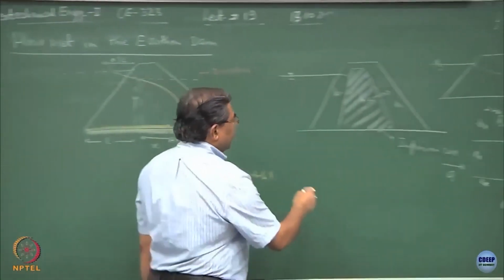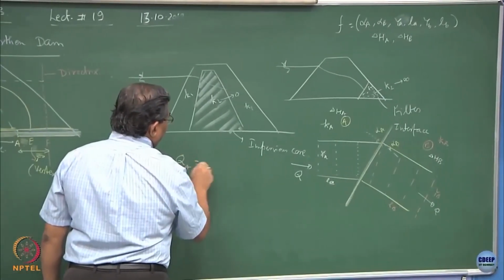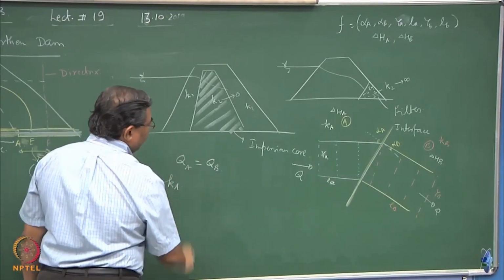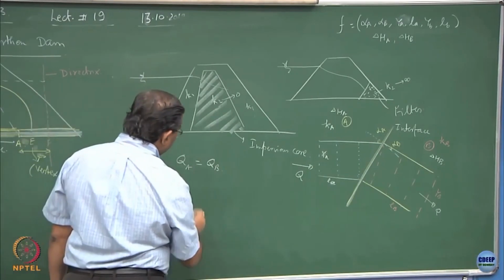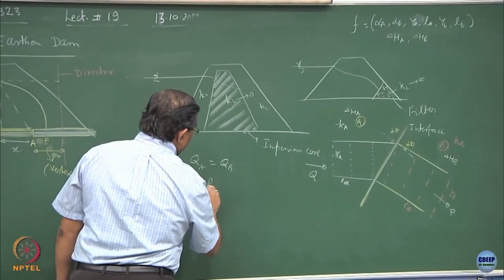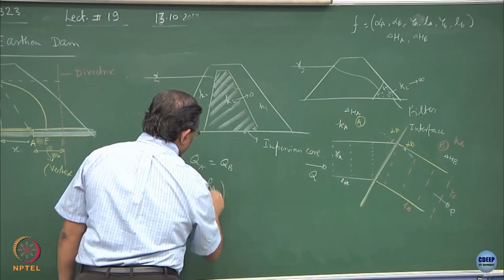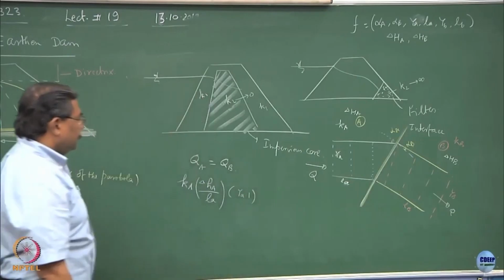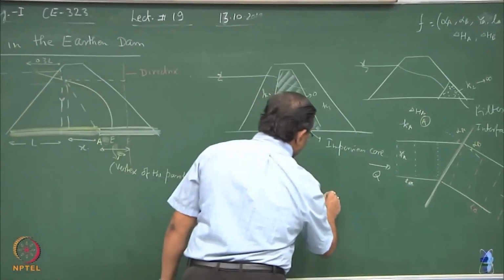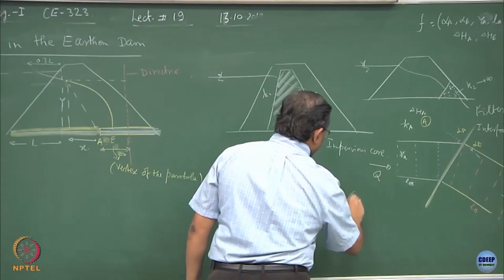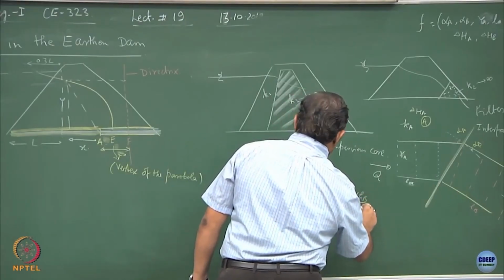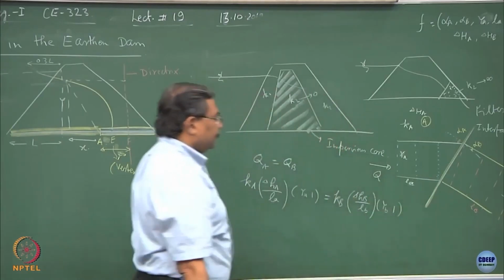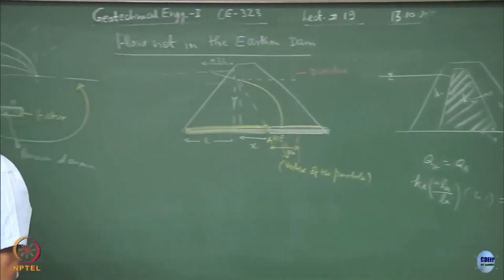So, if discharge remains the same, Q A will be equal to Q B, that means this will be K A multiplied by delta H A upon L A into Y A into 1, and this will be equal to K B delta H B upon L B into Y B into 1, fine, continuity equation.